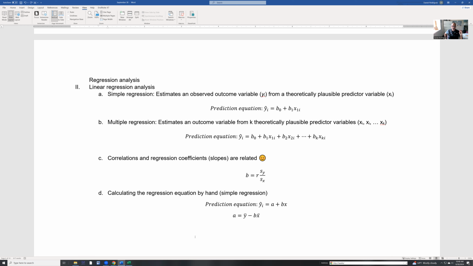A better way to make predictions and to start getting closer and closer to even implying causation is to do a regression analysis. So a regression analysis is a step above a correlation, because now we're actually allowing for there to be error in our prediction.